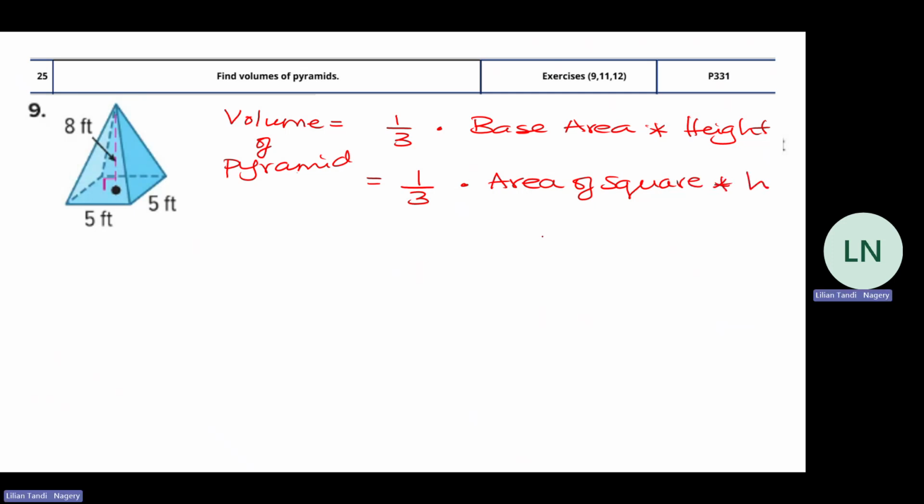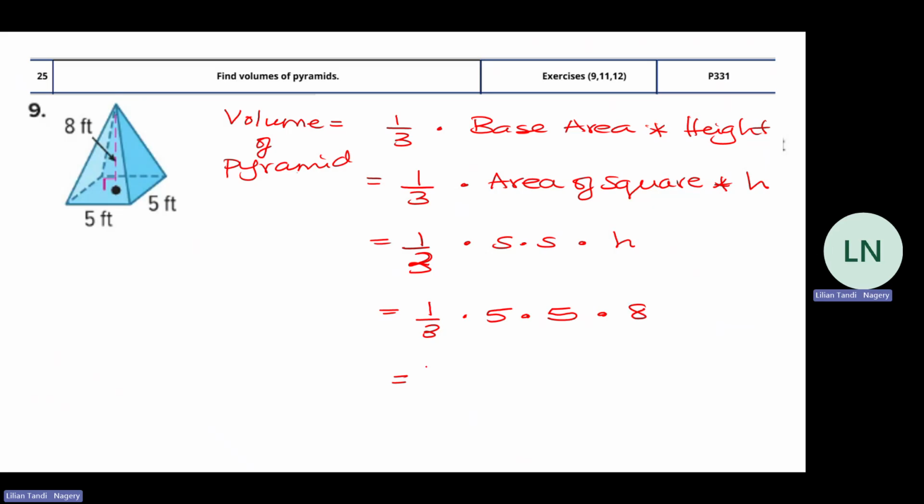multiply height. Okay. Area of square becomes side times side, and then you're going to multiply by height. So this is 1/3 times 5 times 5 times 8. Okay.